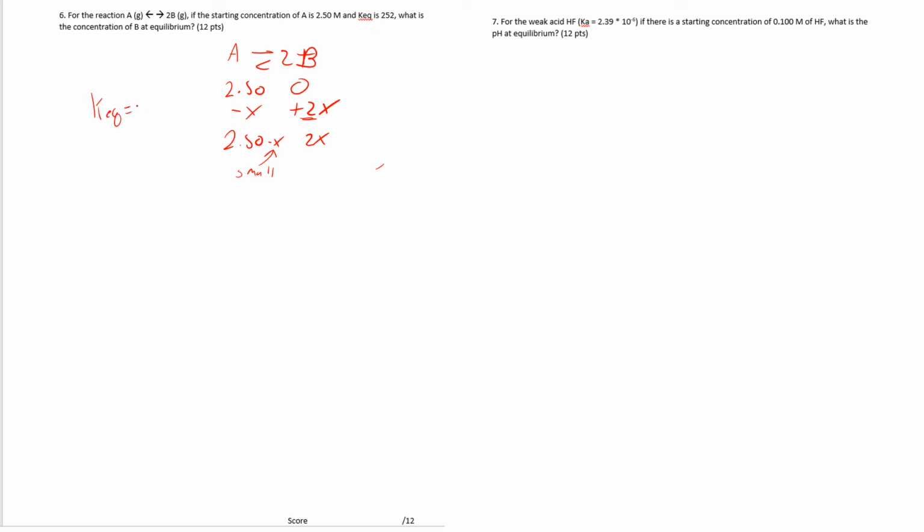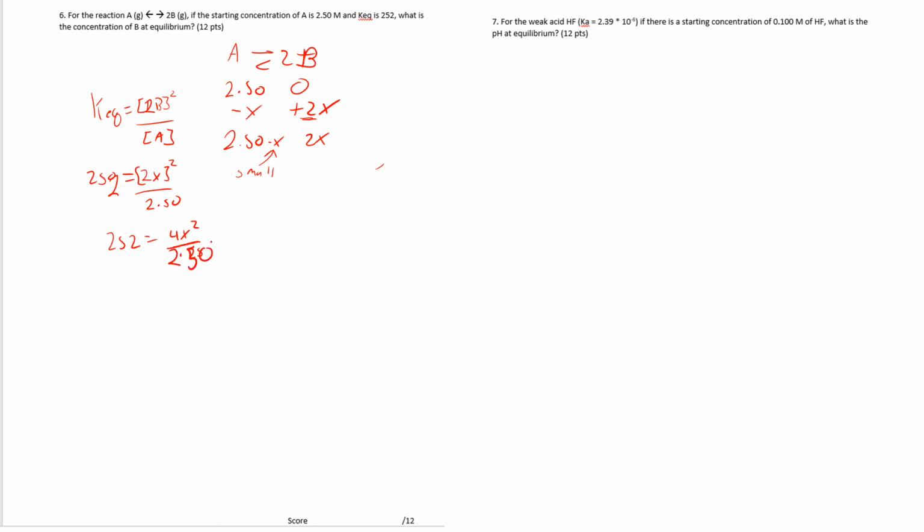Keq equals 2B squared over A. At equilibrium, 2B is equal to 2x, so that is equal to (2x) squared over 2.50. Keq is 252. (2x) squared is 4x squared, divided by 2.50.